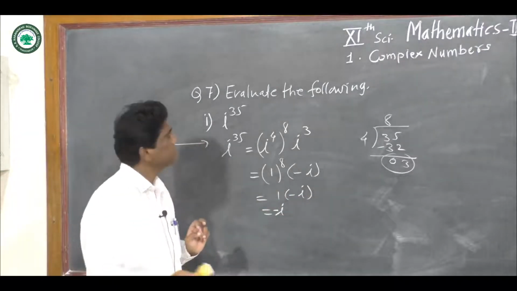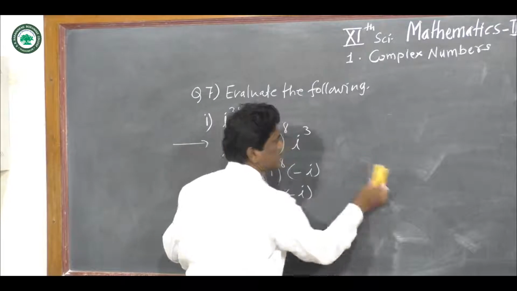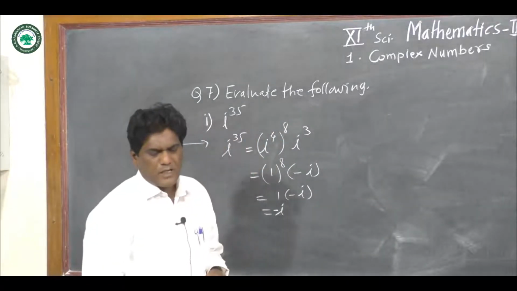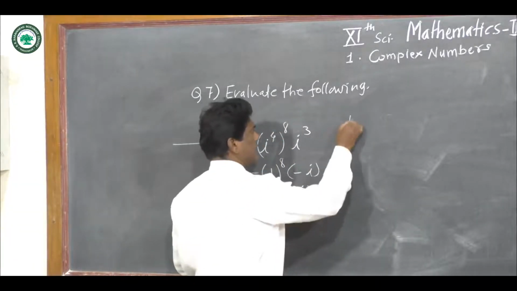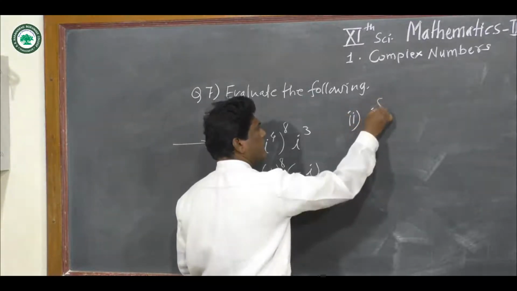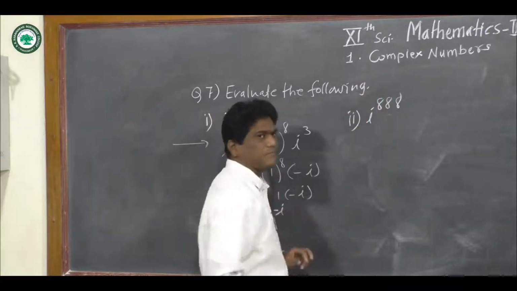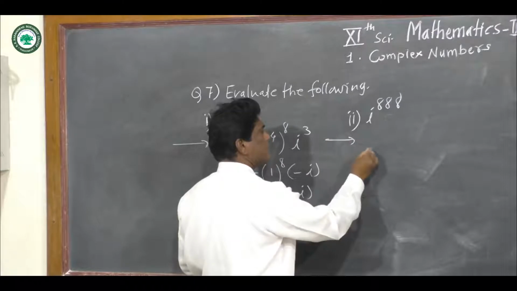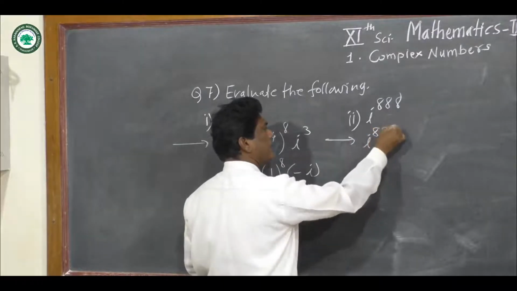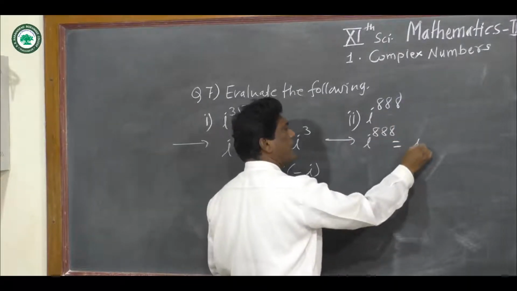This is the value. Now next, the second one is i to the power 888. So the solution of this: we write i to the power 888 equal to i to the power 4.